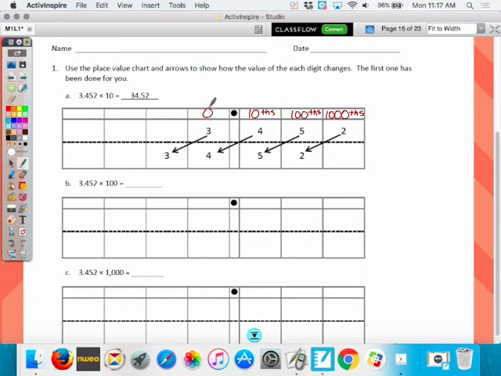I'm going to put an O for ones, a T for tens, an H for hundreds. What do you think I'm going to put for thousands? TH. Okay? So go ahead and get your place value chart labeled, and then we're going to need decimals also. So go ahead and get that done.